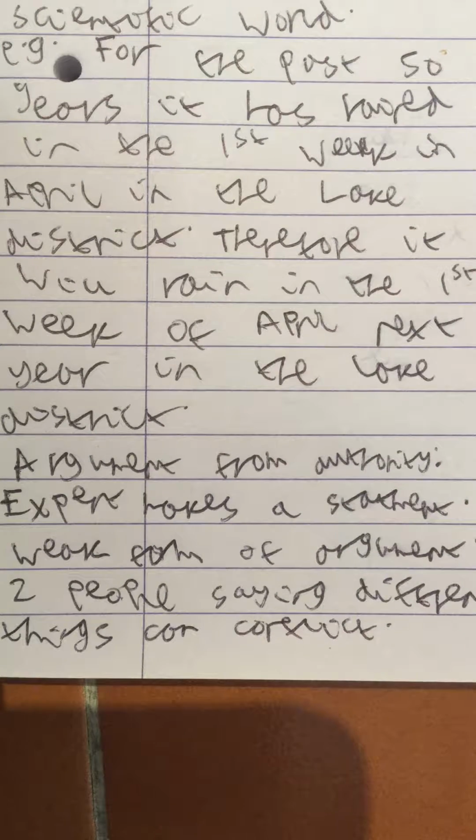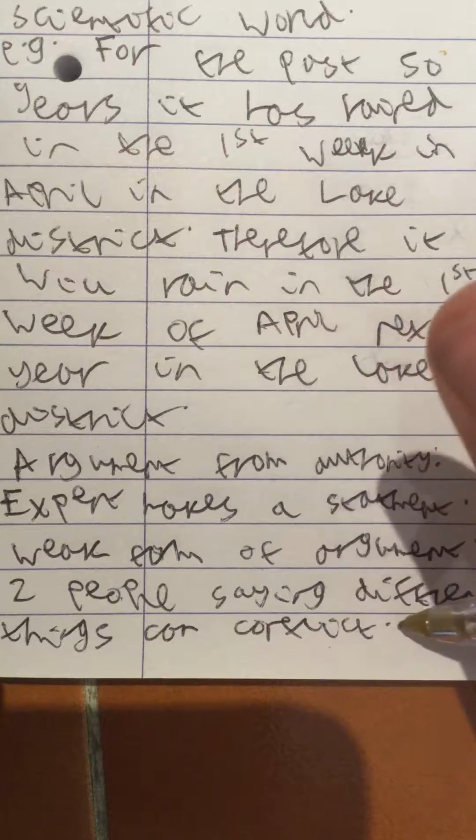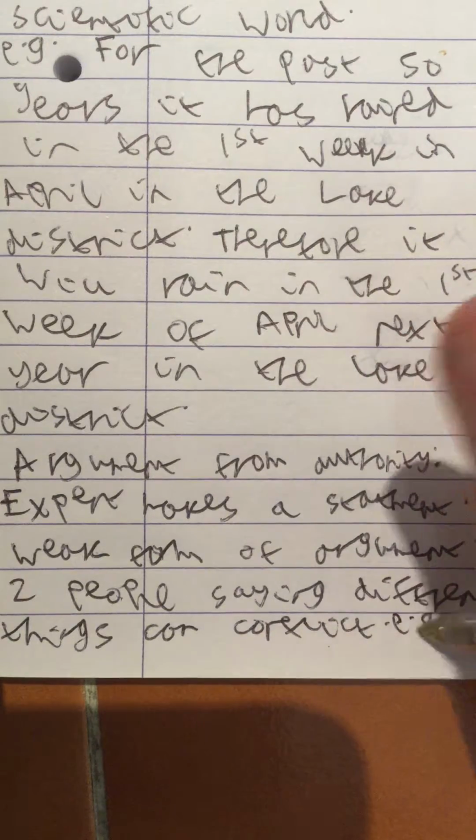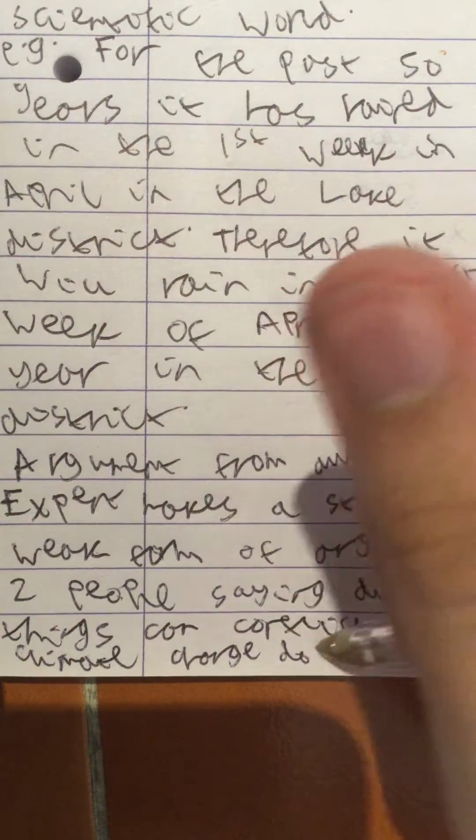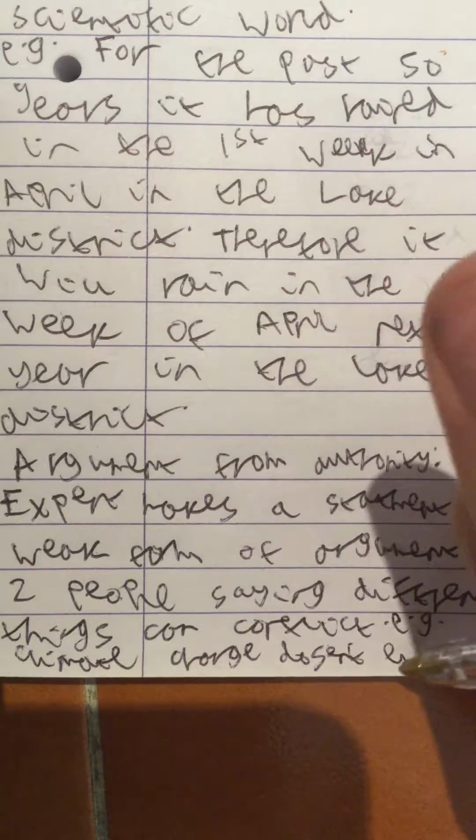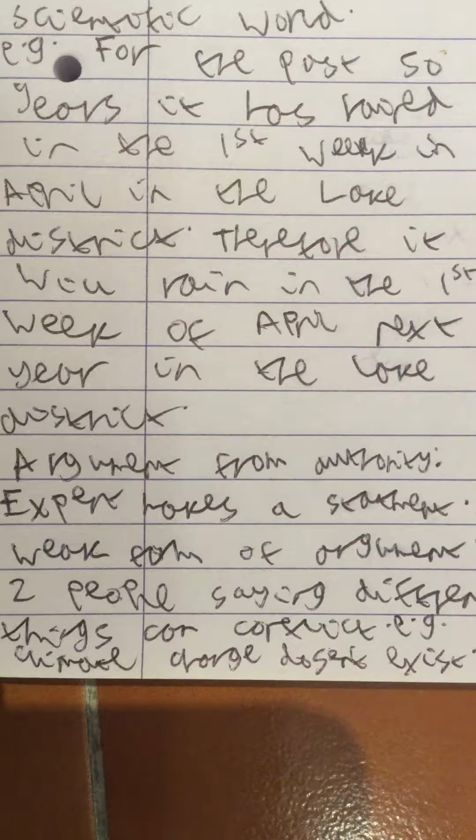So, an example of an argument from authority could be something like, I don't know, like climate change doesn't exist. So you might get one person, one expert, doctor, professor, whatever, saying climate change doesn't exist. However, on the other hand, you could then get another person who might say, no, it does exist because of this, this and this.